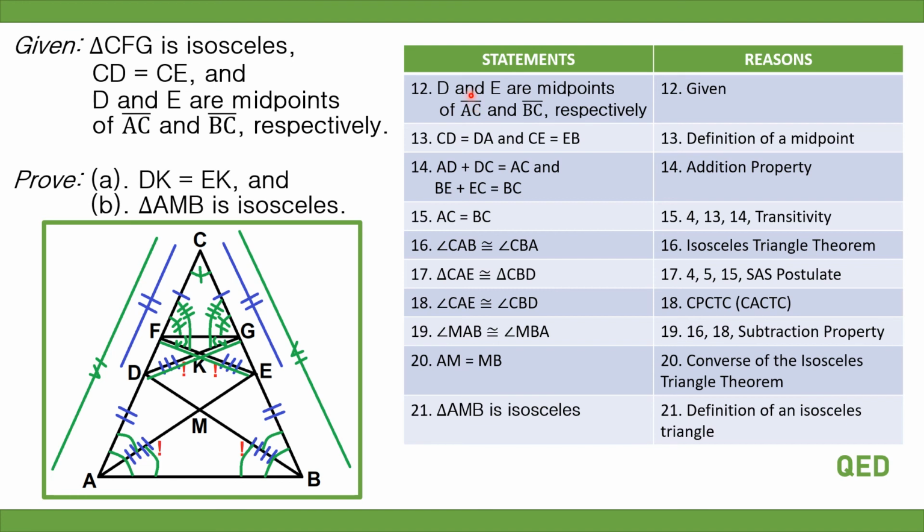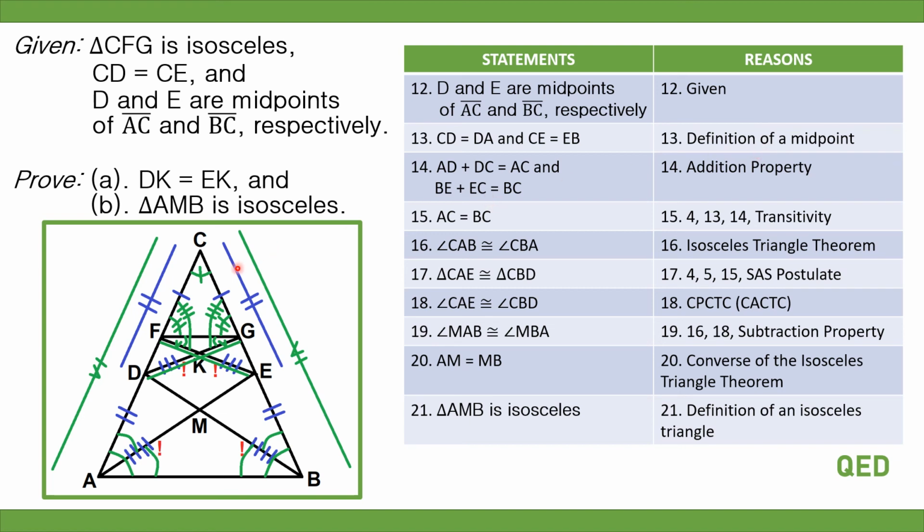So D and E are midpoints of line segments AC and BC respectively, which was given. Then, statement number 13 is the consequence of statement 12. So CD is equal to DA and CE is equal to EB by the definition of a midpoint.